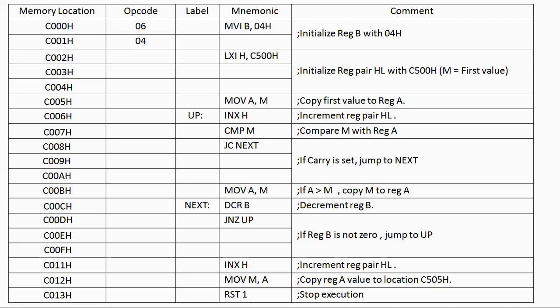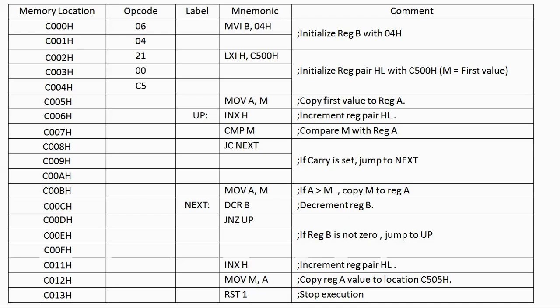Similarly for LXI H, the code is 21H. Now 21 is for the LXI H. Now the C500H is there. We have to insert the C500H also, but first we will insert the lower byte, that is 00, and then we'll insert the C5.